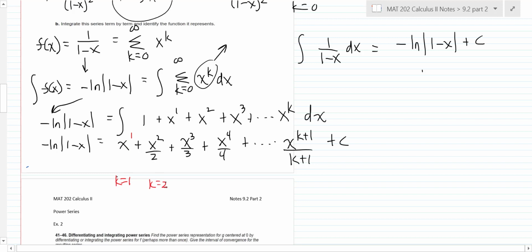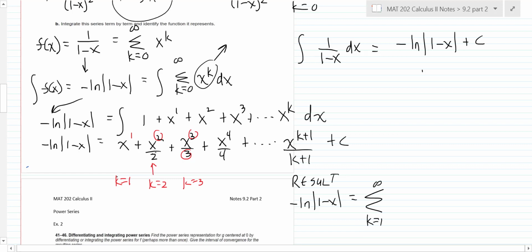If k is 2, that matches that, and it also matches that, which is kind of cool. If k is 3, that matches that, and it matches that, right? So the result is going to be this: negative ln 1 minus x is equal to a series formula, starting with k equals 1 and going to infinity.